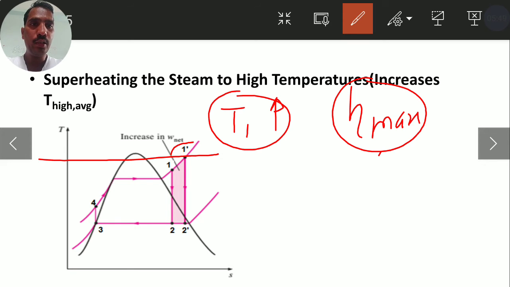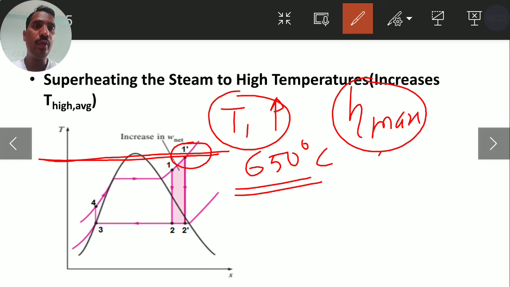The maximum temperature limit depends upon the properties of the material, that is, from metallurgical considerations. As this operating temperature is very high, thermal stresses are developed in the material, and there should be limits for these thermal stresses. Because of these metallurgical considerations, this maximum temperature is about 650 degrees Celsius, and beyond that we cannot increase the steam temperature.